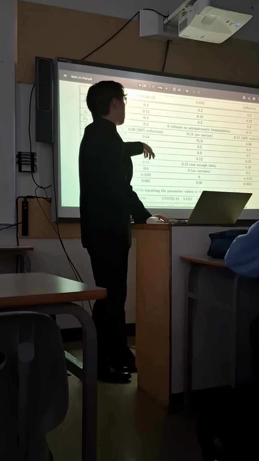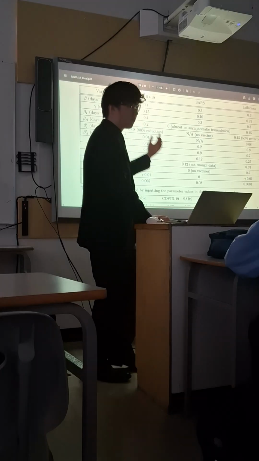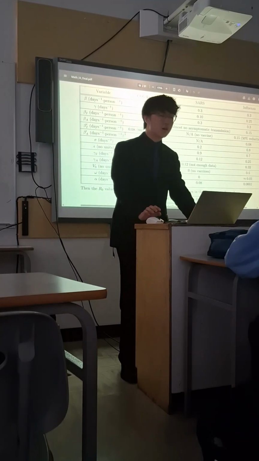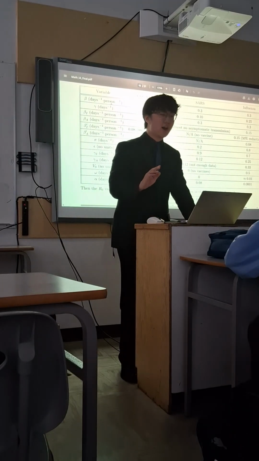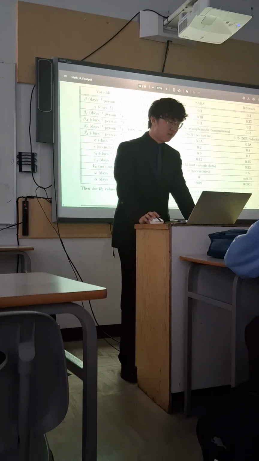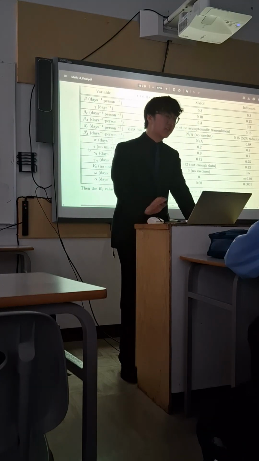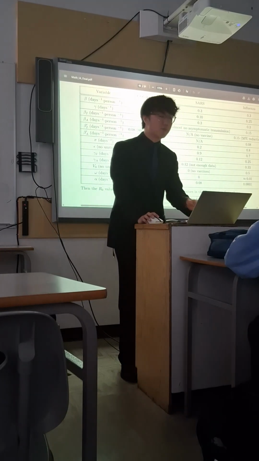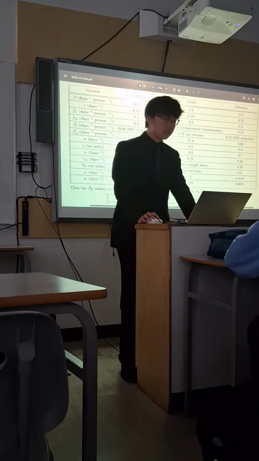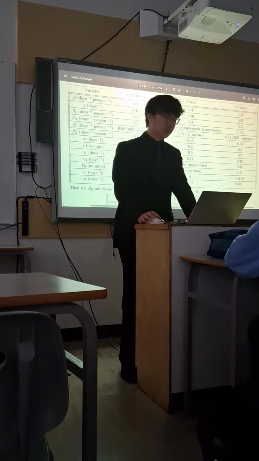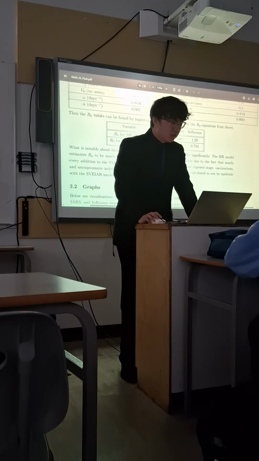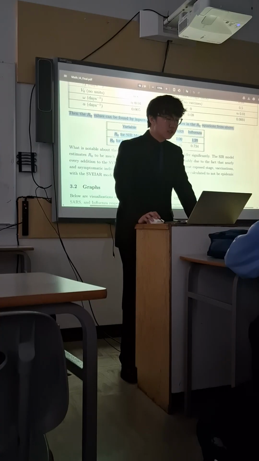So here I made a chart of what I would think the approximate values are, and these are not accurate by any means. I just found random sources, and I also estimated a bunch of them. But I did say so in my investigation, and your IA doesn't need to be super scientifically rigorous as well.